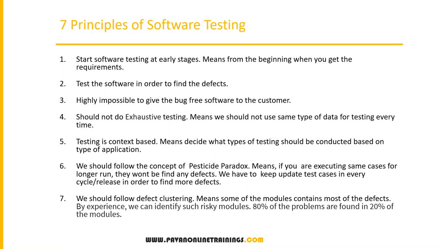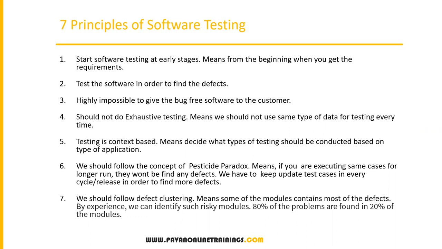Whenever you test the application, it is better to start in the early stages. We should not sit idle till we get the build from the developer. We have to start software testing at early stages, meaning from understanding the requirements. We can test the requirement document, we can test the design document, or we can verify the test cases and the scenarios.